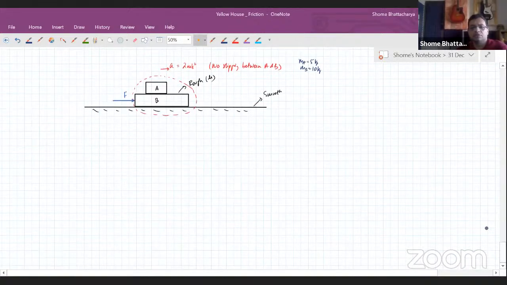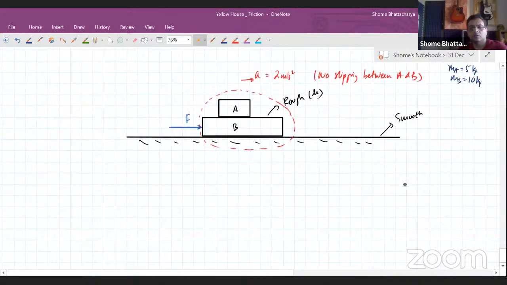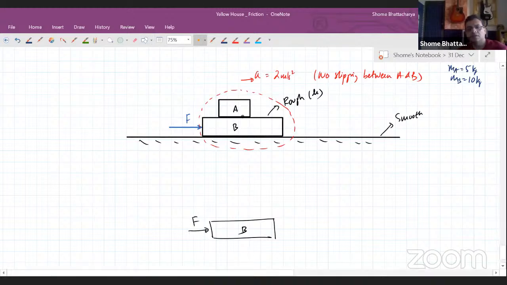So now let's understand the first thing, the free body diagrams of the individual blocks. This is where you'll have to understand the tendency of slipping. When we are pushing the block B, what is happening? The block B will definitely have a tendency to move towards the right. So in terms of block A, it is having a tendency of slipping towards the right.